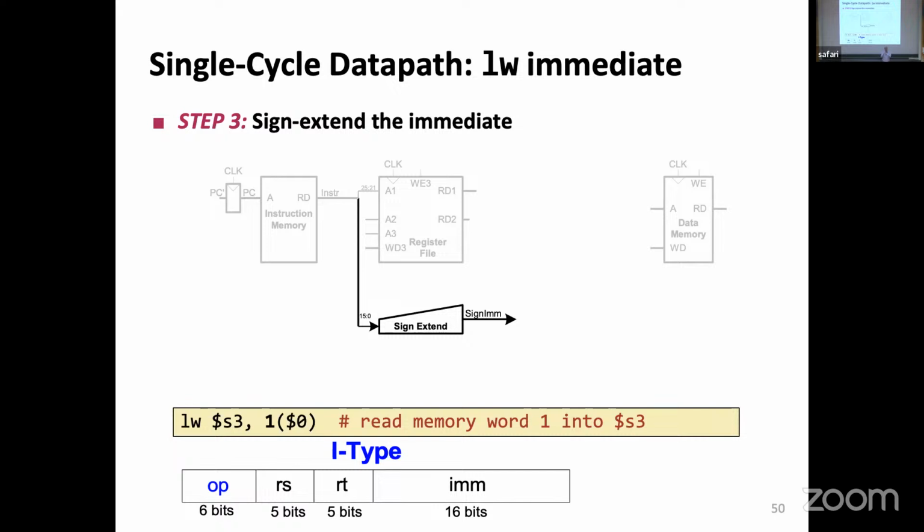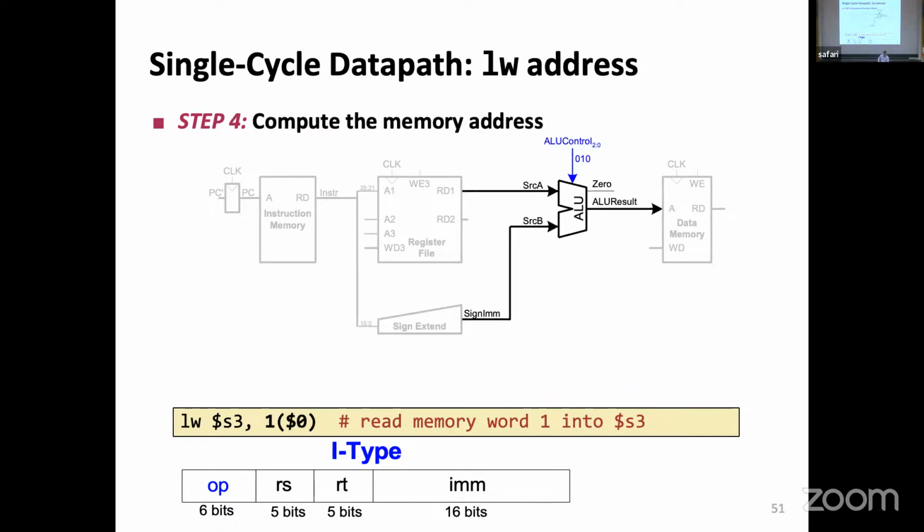If we are extending a 2's complement number, instead of adding zeros to the left of the number, we add the most significant bit, which would be 1 if it's negative, 0 if it was positive, to be able to extend it. So this number now is a 32-bit number that we can add to the base address that we have retrieved.